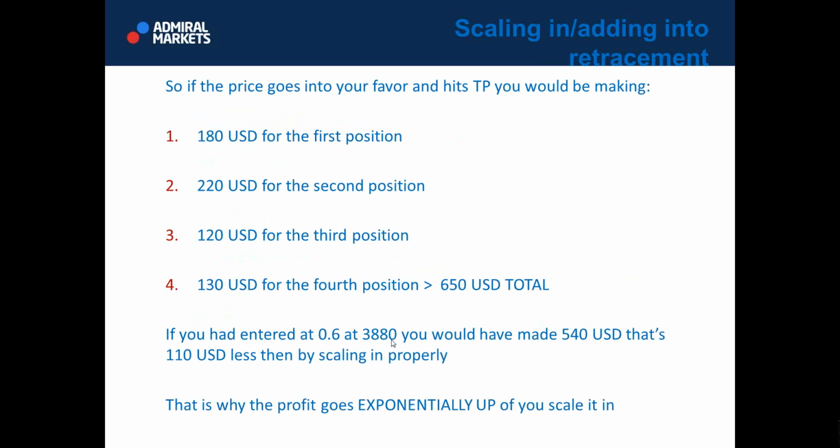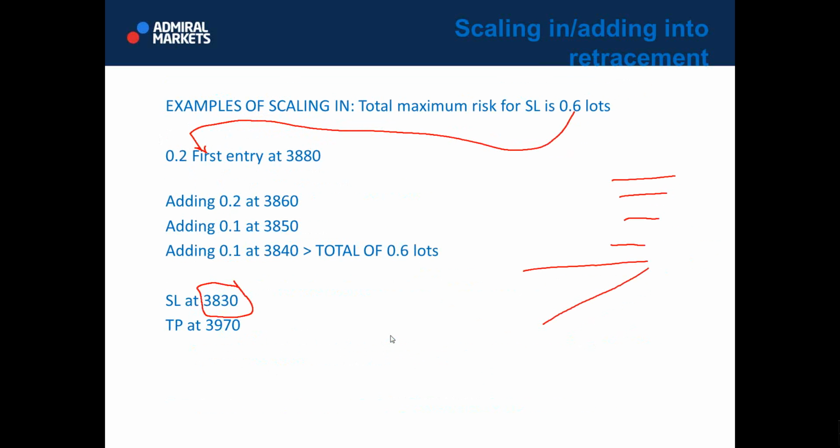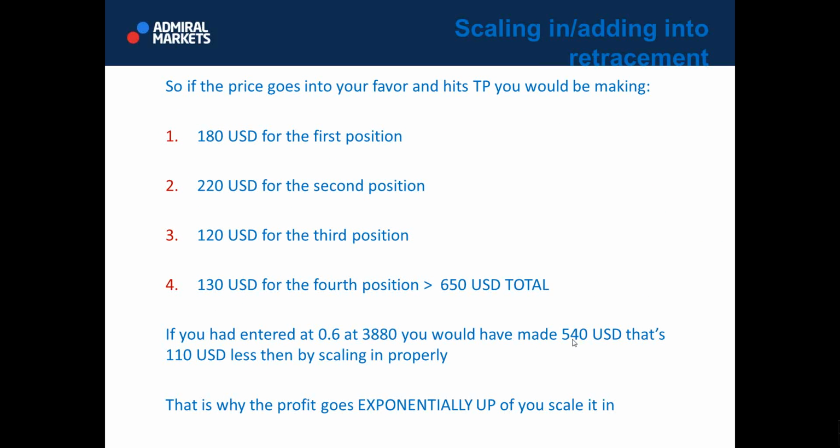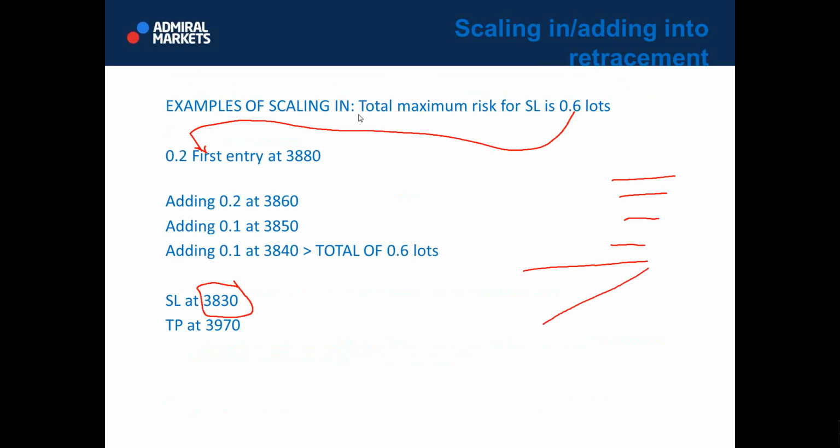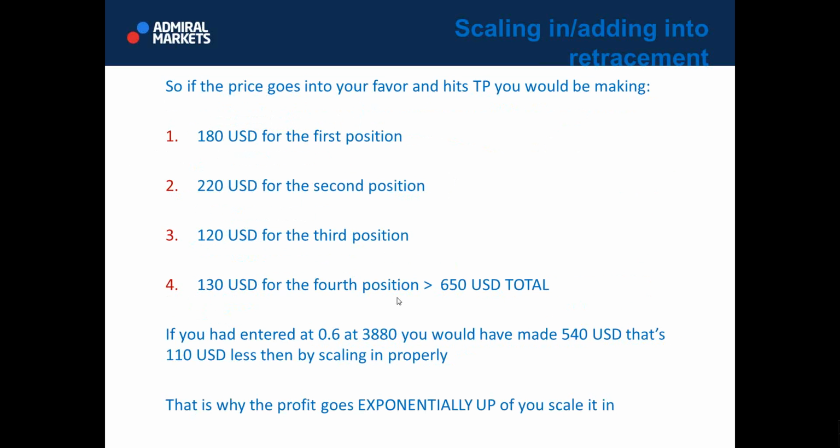If you made your entry at 38.80, you would have made 90 pips, but that would be a total of $540. Now, if you make scaling ins 0.2, 0.2, 0.1, 0.1 at these levels, you would have made more money, but also your risk would be less. So that is why the profit goes exponentially up if you scale in.